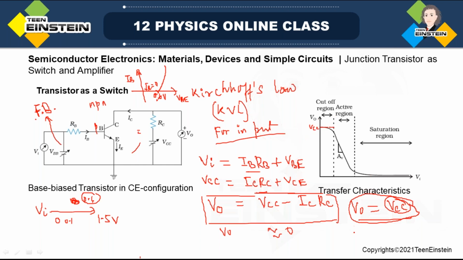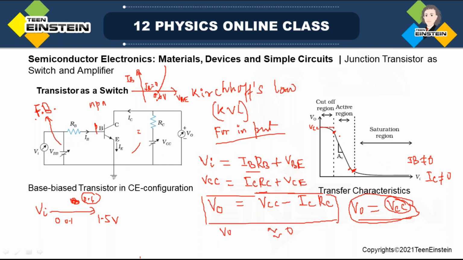Now as the input biasing voltage increases, the transistor does start conducting. That means IB will be some non-zero value, and then IC also will be non-zero. Therefore, your output voltage will decrease linearly until it becomes less than 1. This region is called the active region, because the output junction, or CE junction, is at reverse bias, and the BE junction is at forward bias.